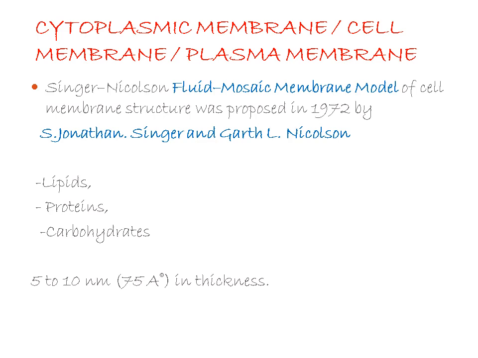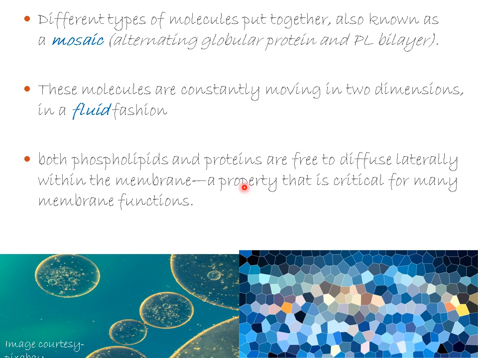Now different types of molecules in this plasma membrane are put together, hence it is called a mosaic. Mosaic means different crystals or glass pieces are put together to give a specific pattern. That pattern is called a mosaic pattern. Similarly in this membrane, different molecules, the lipids and proteins, are alternating and hence making a mosaic pattern. That's why its name is fluid mosaic model.